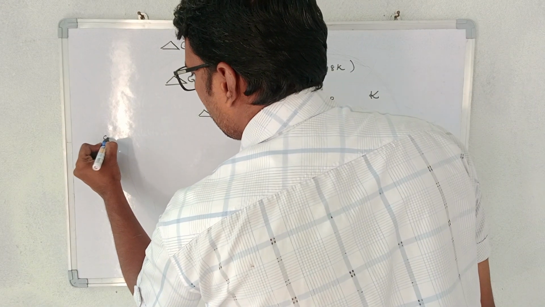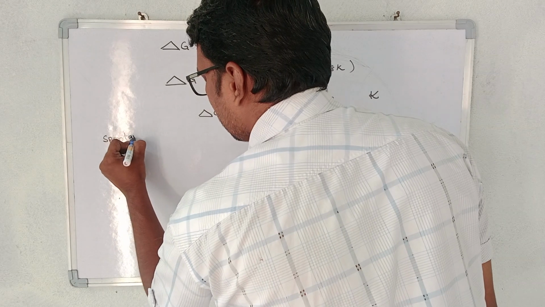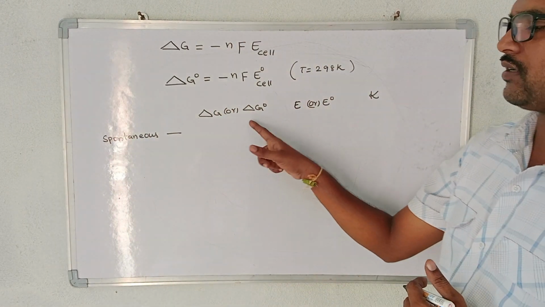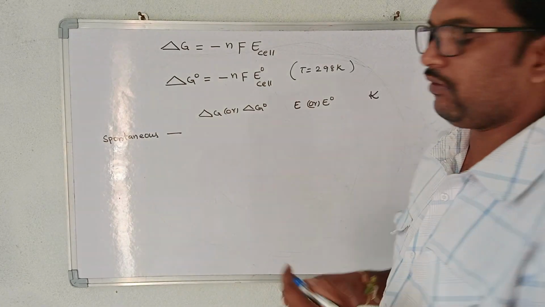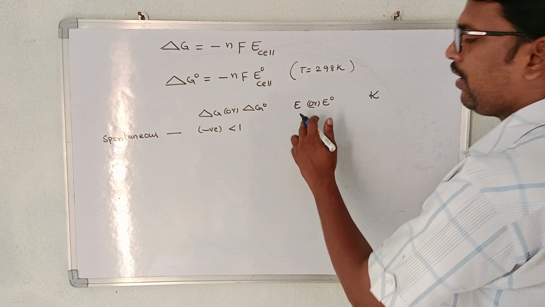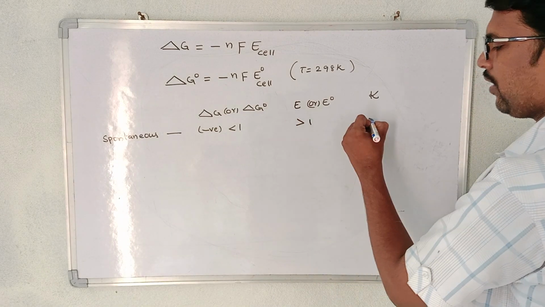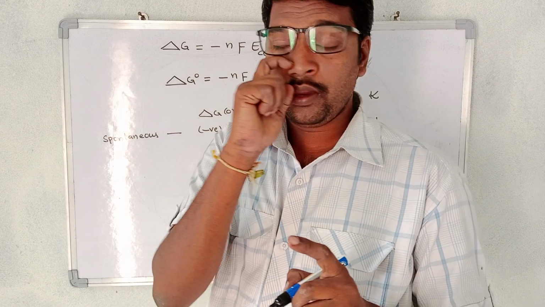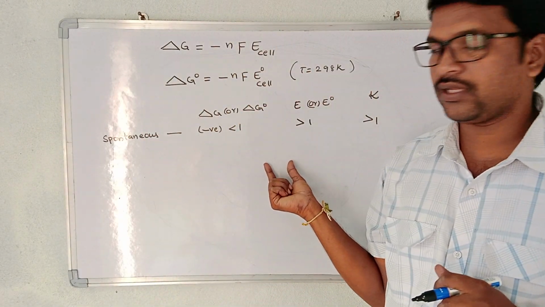If you write about these three quantities for reactions, if the reaction is spontaneous, we already know the delta G value is negative. Okay, you remember, a compulsory question comes from this concept in examinations.